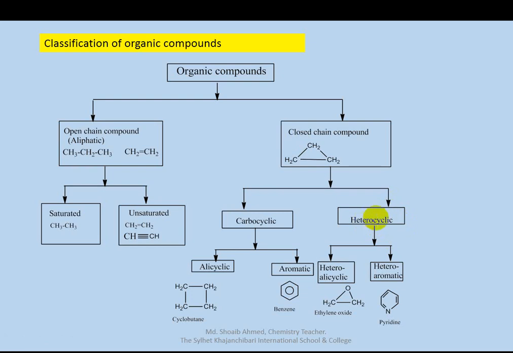If an aromatic compound contains different elements like nitrogen, it is heteroaromatic. Heteroalicyclic is not aromatic but contains different elements like oxygen in a ring, so it is cyclic.